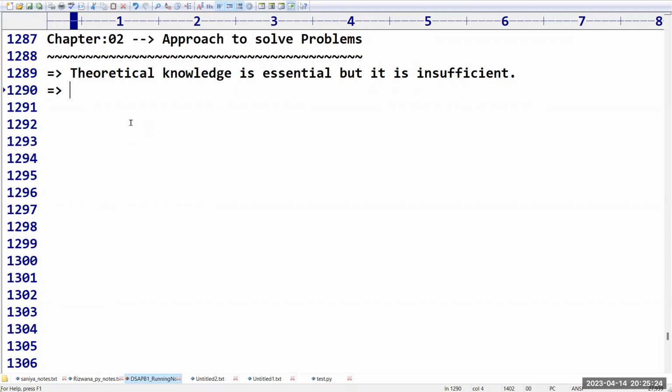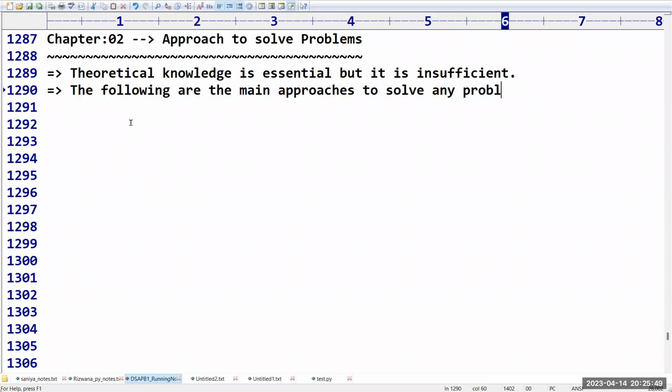So if you want to convert this theoretical approach or these theoretical concepts into programming, then the following are the main approaches. To solve any problem in the real world, you can use these approaches.